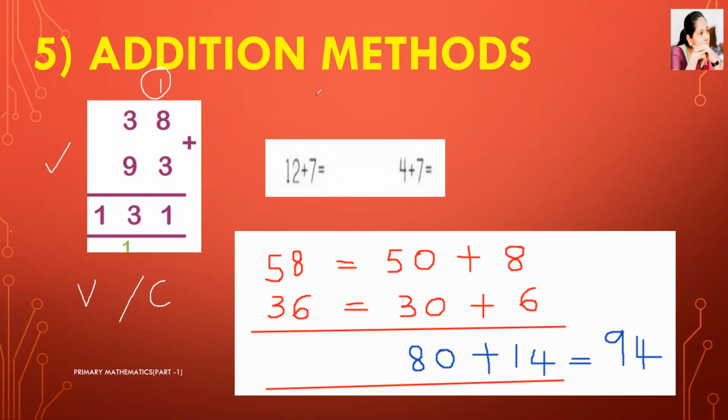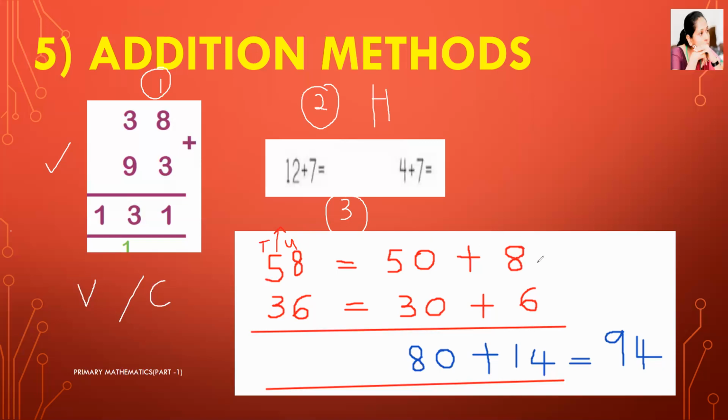The second method is the horizontal method, right? So this is the horizontal method. And the third method we call the expanded method. Now we expand the number, after that we add it. Let me show it. My first number is 58. As in the previous slide, here it's tens and here it's units.